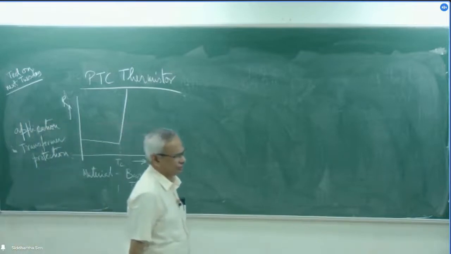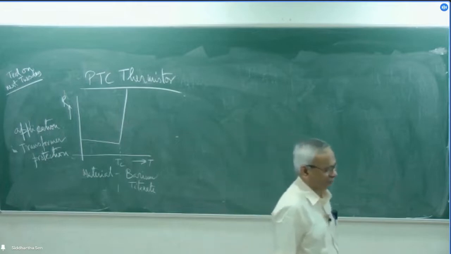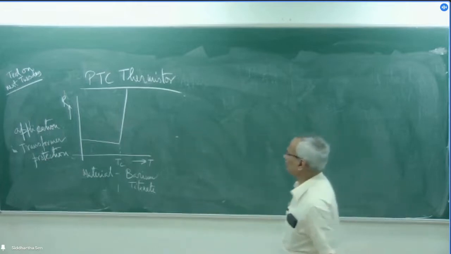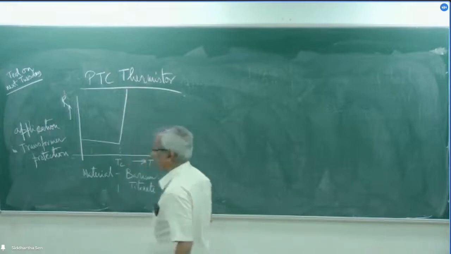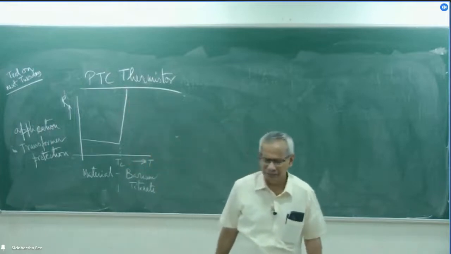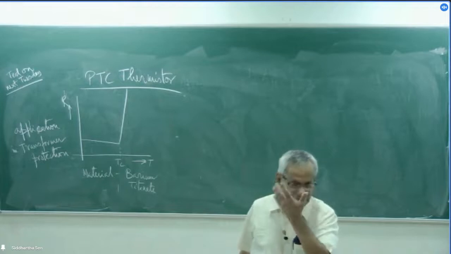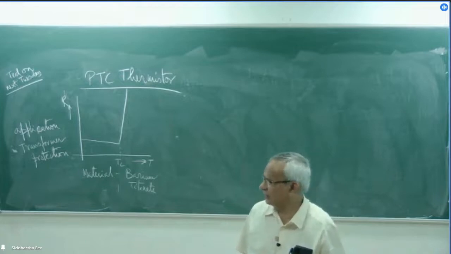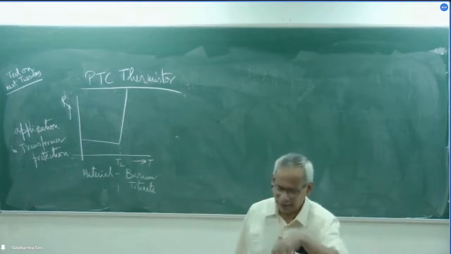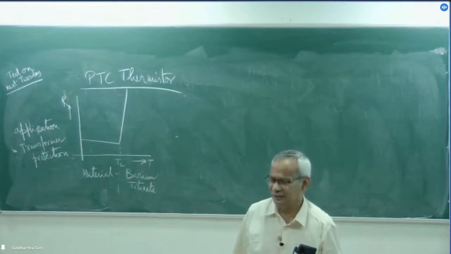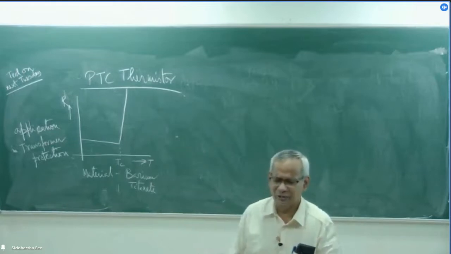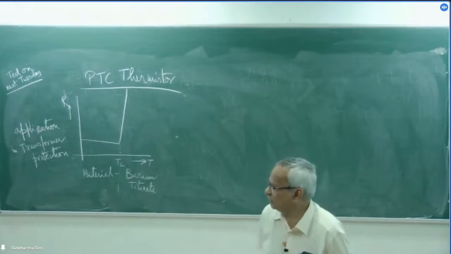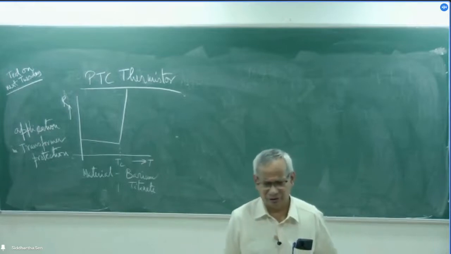Up to this, it's a safe limit. After that, the resistance increases abruptly and sharply like this, and that can be used for exciting some relay circuit, which will trip the transformer and cause a complete shutdown of the transformer.